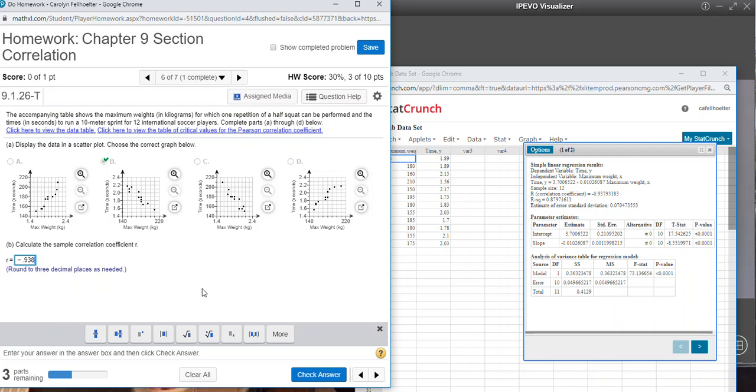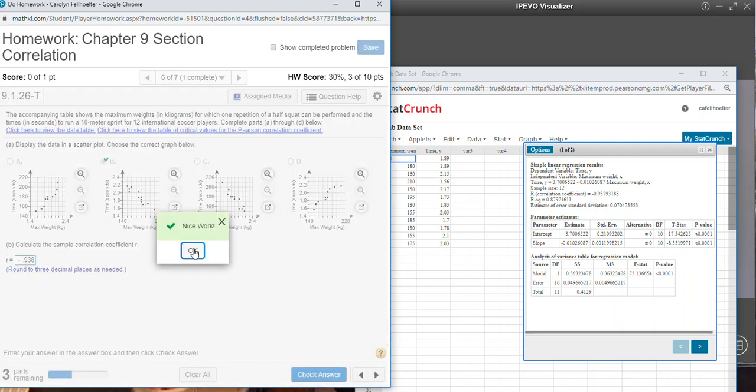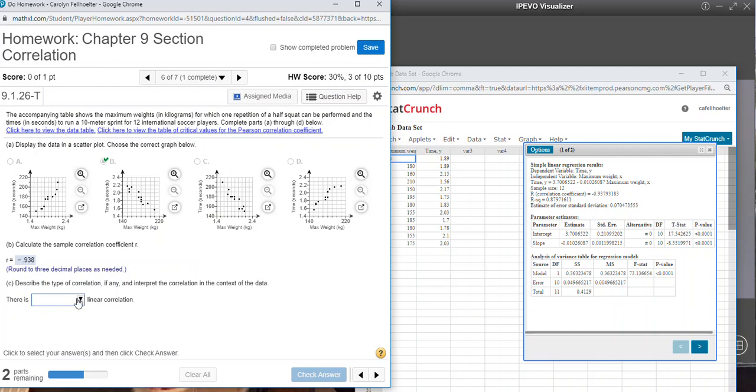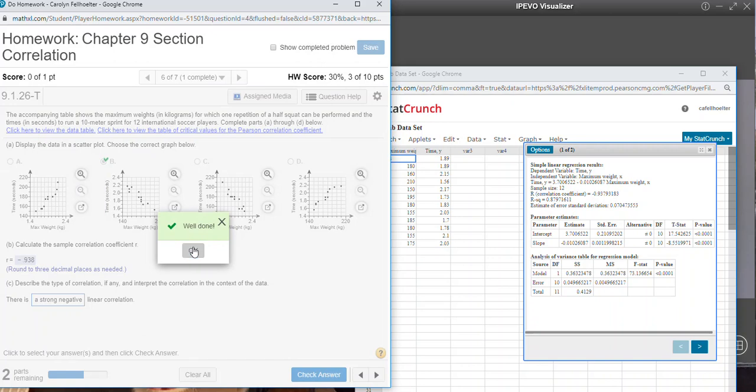And so I'm going to go ahead and get that going. It does appear that there is strong negative correlation, is what it looks to be. Just looking at it, it looks very strong. These dots are very tight. It's going downhill. R is very close to negative 1, so it does appear to be strong negative correlation.